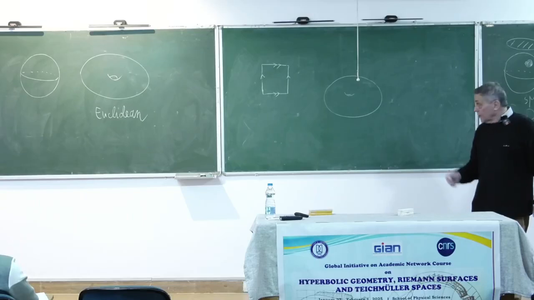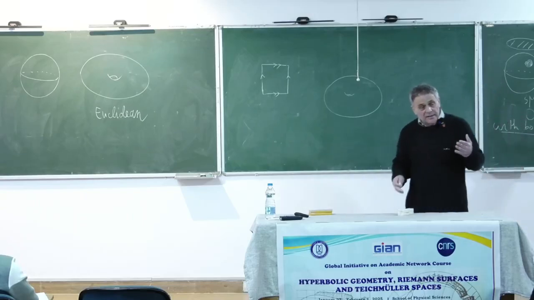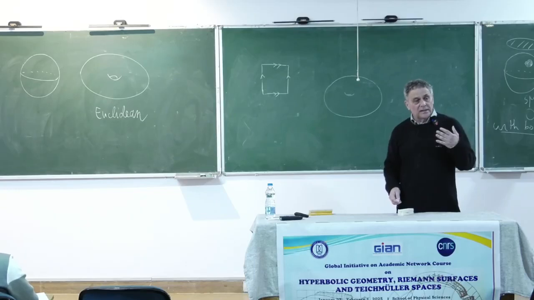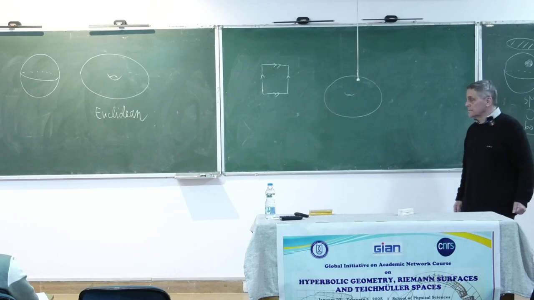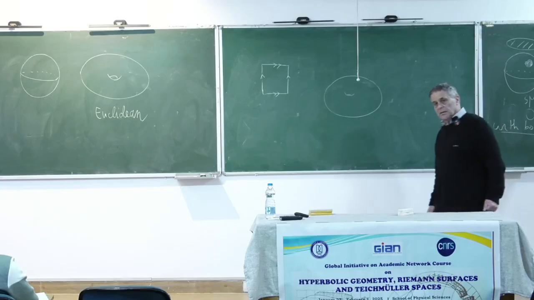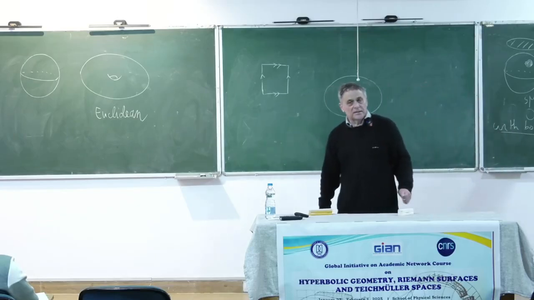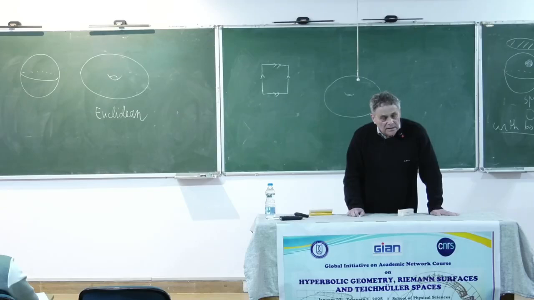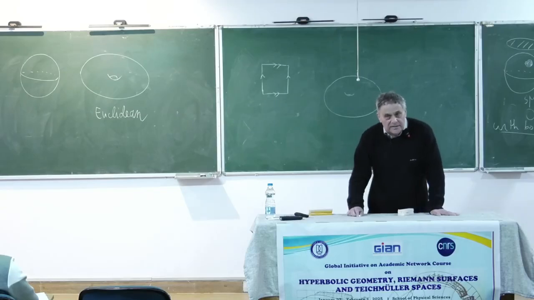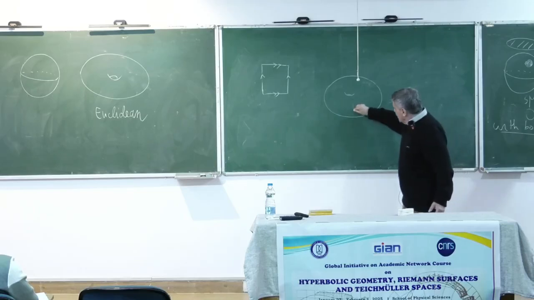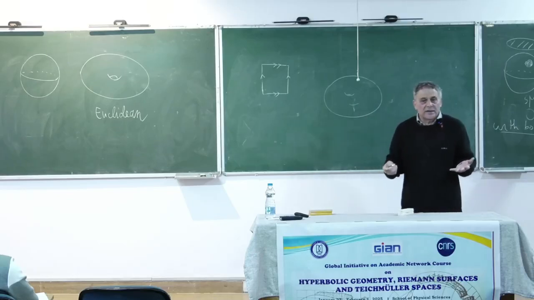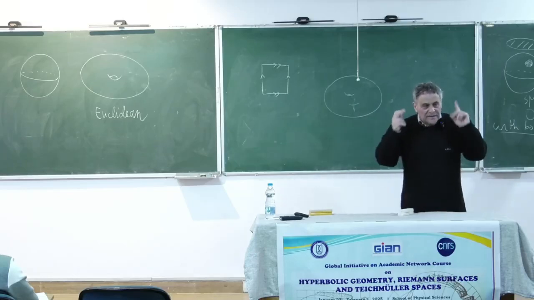You can visualize it in R3, but not as a Euclidean surface. If you identify these up and down two sides, you get a cylinder, and then you identify these two sides, rolling the cylinder to make it a ring, like a donut. But what I'm saying is that the metric you see in this embedding in 3-space is not the Euclidean metric. You must think of it abstractly.